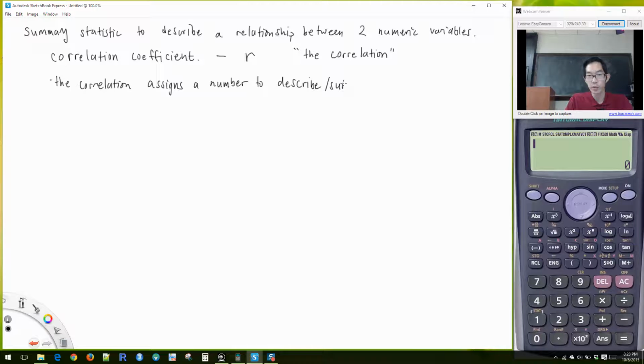The correlation can be calculated for any two numeric variables. However, it only makes sense if the relationship is linear.